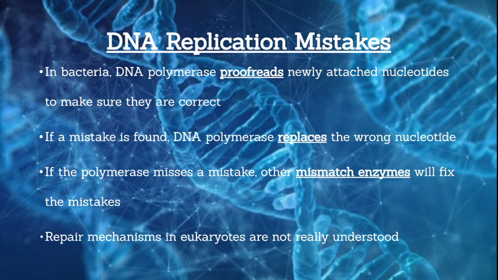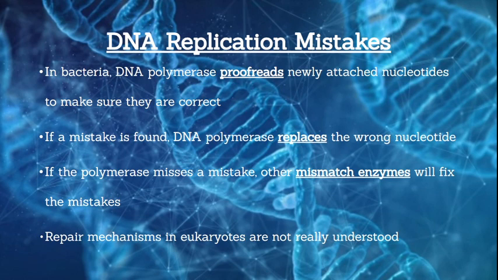So in bacteria, DNA polymerase will proofread newly attached nucleotides to make sure that they are correct. If a mistake is found, the DNA polymerase will replace the wrong nucleotide. So when I talk about a mistake being found, let's say you're looking at cytosine, guanine should be the one that pairs with it.